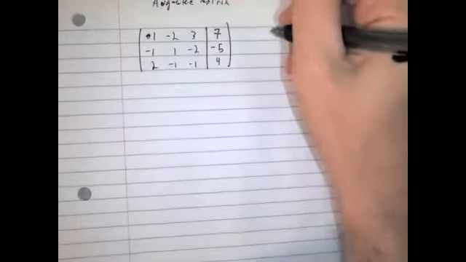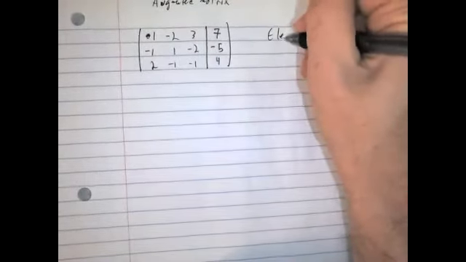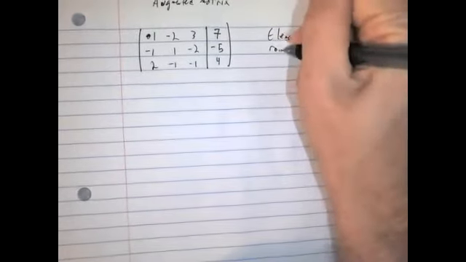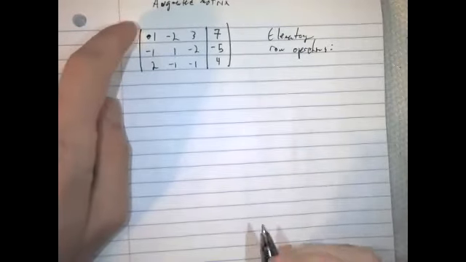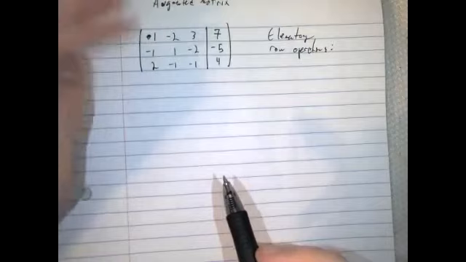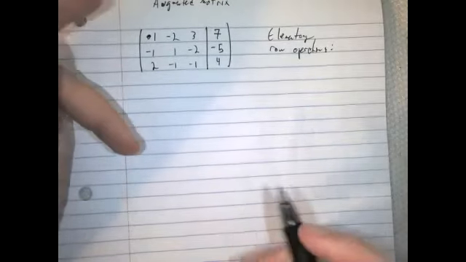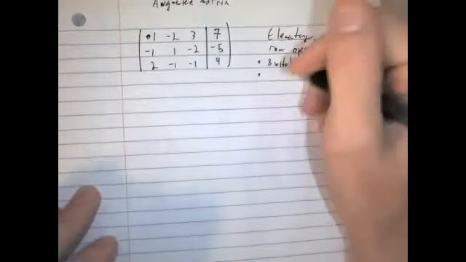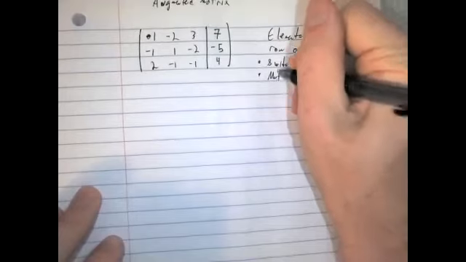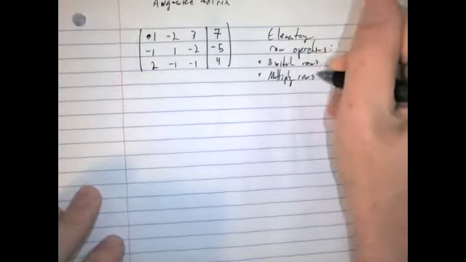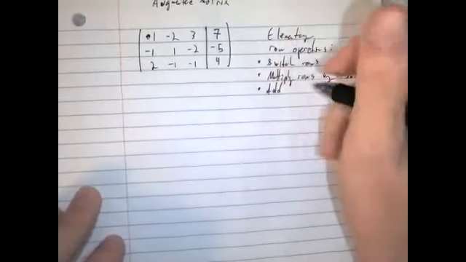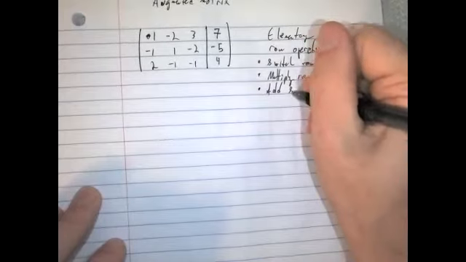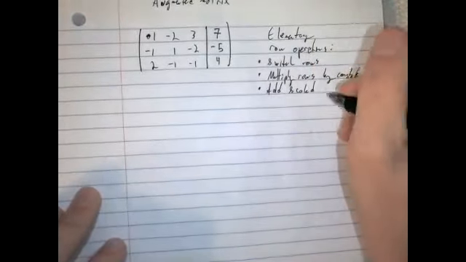And now I'm going to do my elementary row operations, which say that I can switch the order of rows, I can multiply rows by constants, and I can add scaled copies of rows to each other.